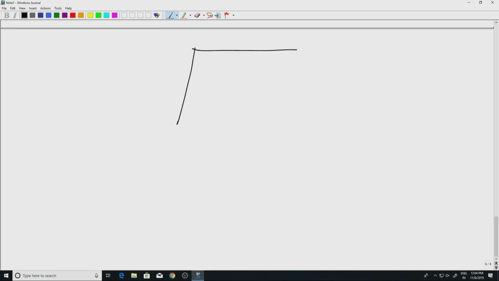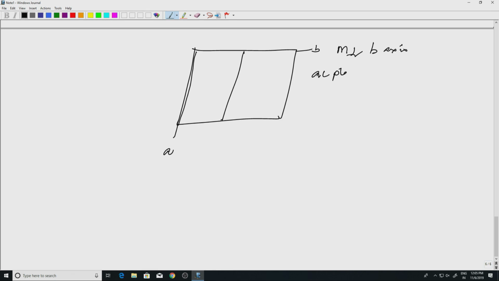Now we will draw this basic unit cell, and this is our B, and this is our A. Mirror perpendicular to B axis, that is, this is the axis. But now this AC plane is the glide plane.